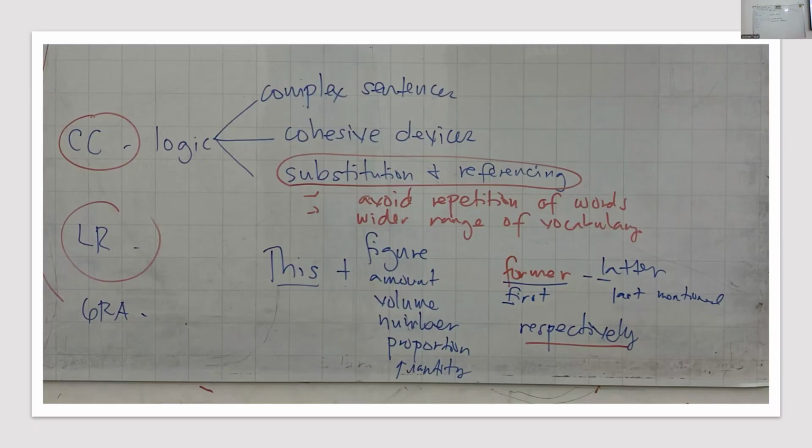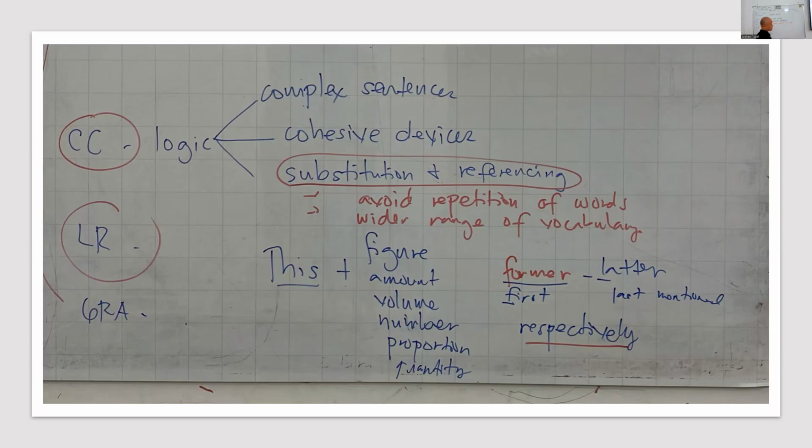If you check there, I highlighted the main reason why there is a need to use substitution and referencing. The main reason the candidate has to use substitution and referencing is, number one, to avoid repetition of words. This is the main reason.